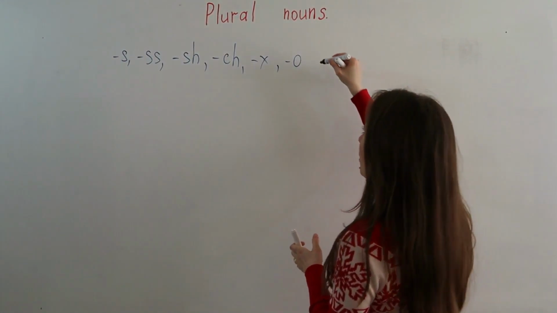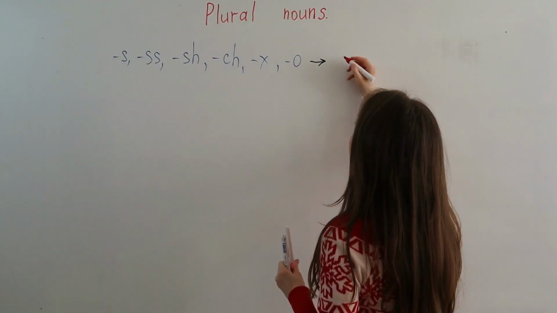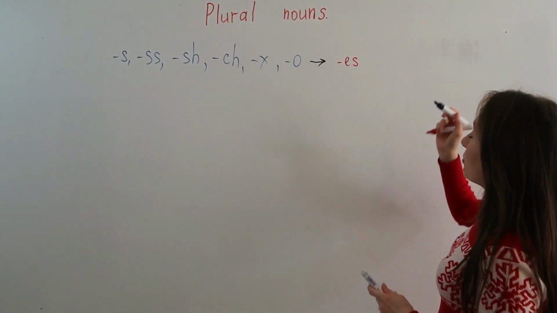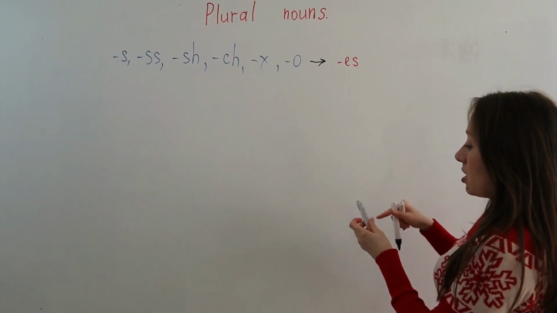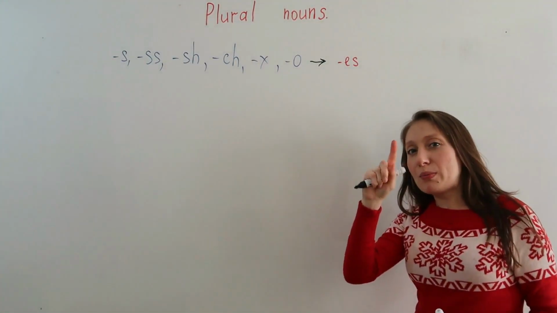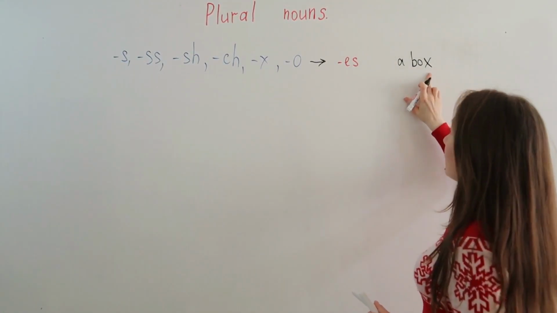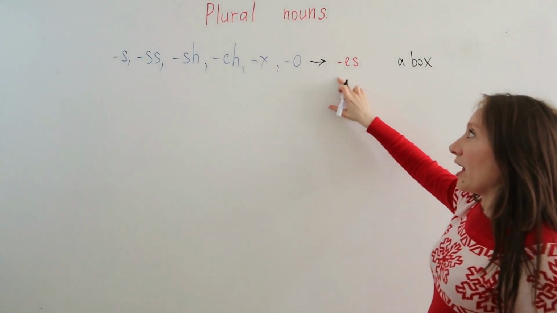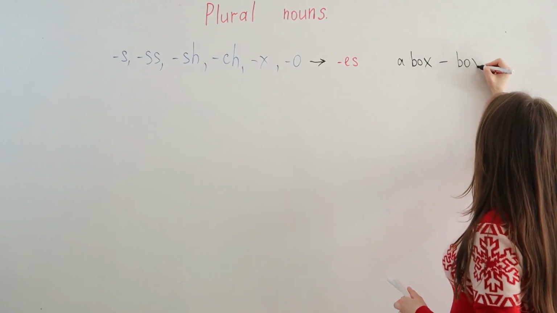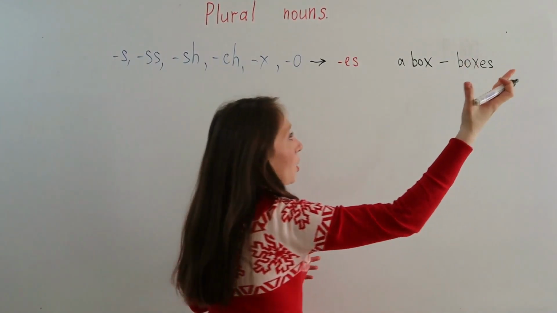In this situation, the end of the noun will be es, right? So let me write the example. For example, the word box, a box, one box. A box, we see the letter x, we add es. Boxes.